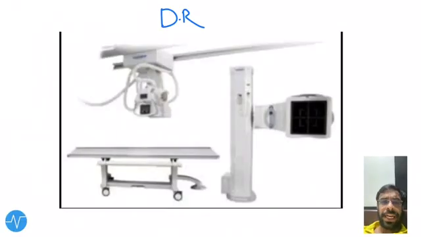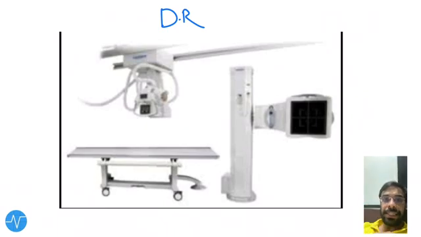Now let's study DR, or digital radiography. In DR, the scanner and everything is directly attached to the table. Means if a patient is going for a chest X-ray, it will fall on the patient's chest, go through the chest to the table and hit the DR plate, which is directly installed under the table, and all scanning will happen and the image will be produced directly.